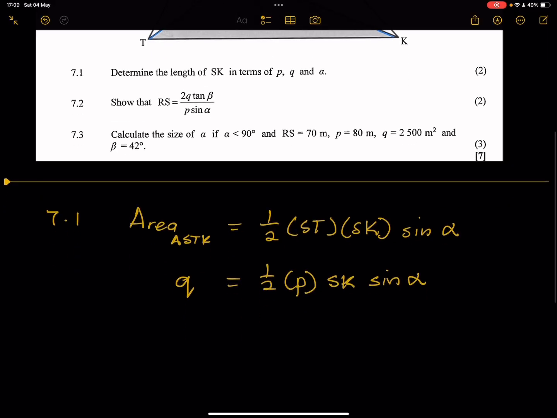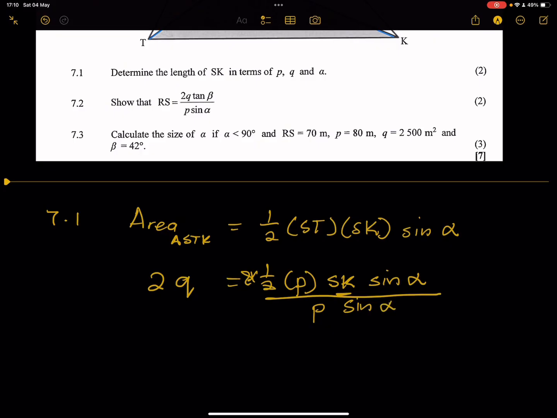Now I can make SK the subject of the formula, which means I can first multiply by 2. What I do on the left, I do on the right. So multiply that by 2. And in this case, I'm going to divide by p sine of alpha.